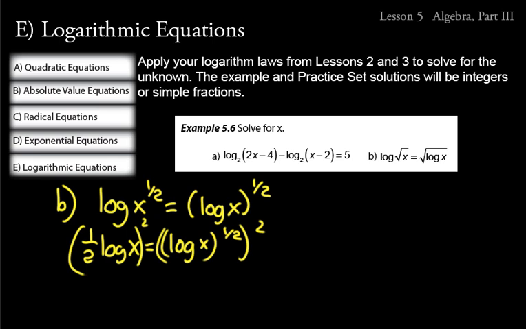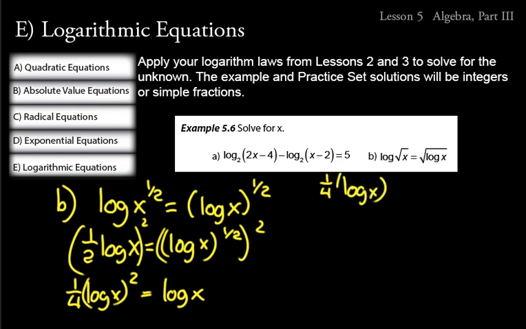On the left, we'd end up with half times half is 1/4 log x, that quantity squared, is equal to log x on the right. Set that equal to 0. 1/4 log x squared minus log x equals 0.